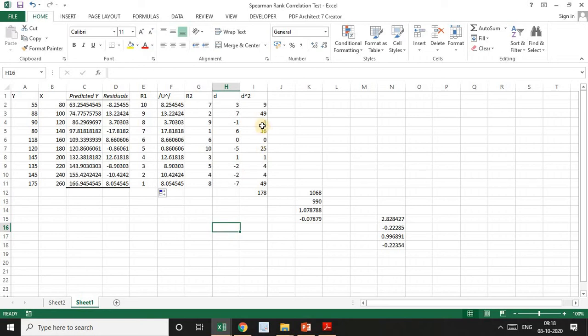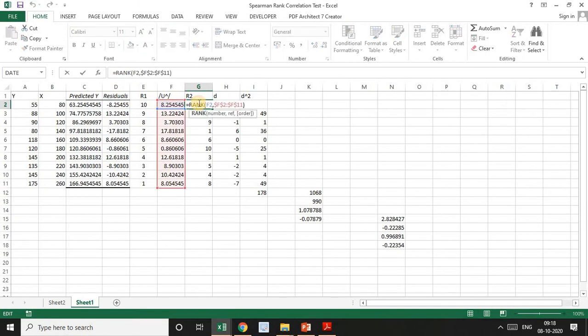Then what do you have to do? How can we find the rank? In Excel, there is a command for that. You type equal to RANK, then click a value, then comma, you select all the remaining values, that is the reference range, then comma, then you assign the order, whether ascending or descending.